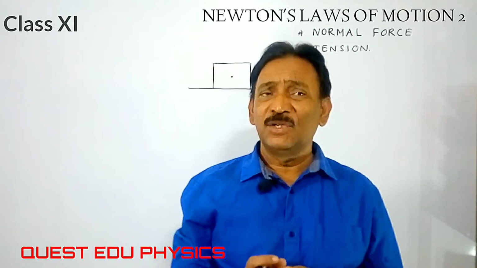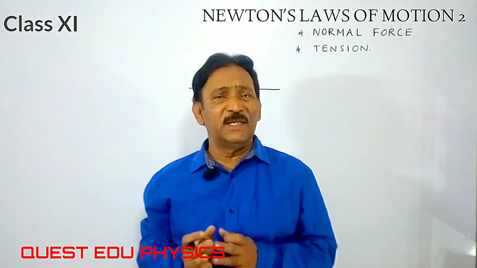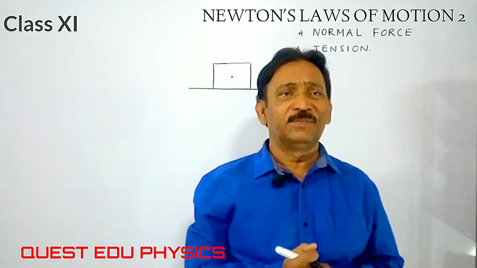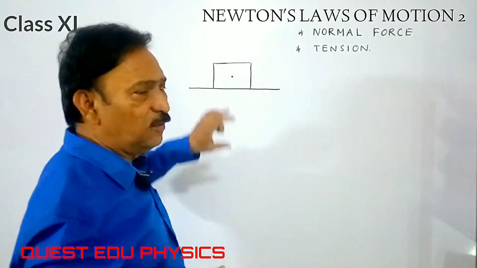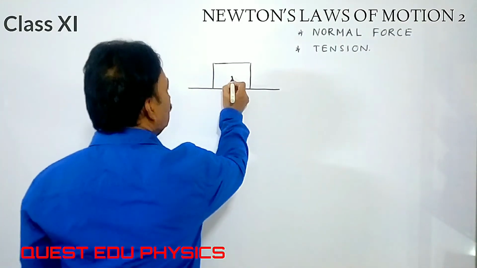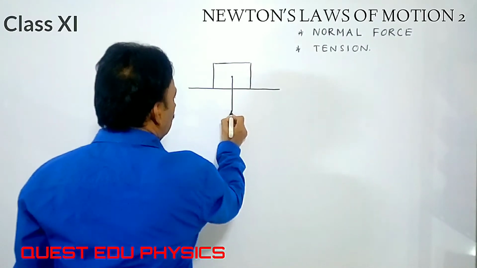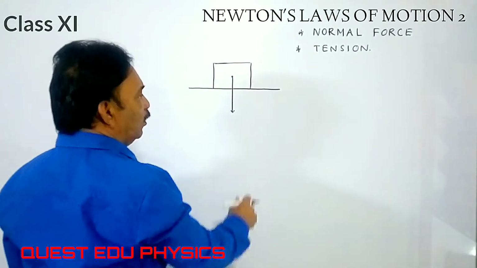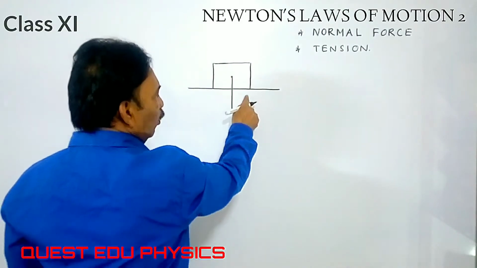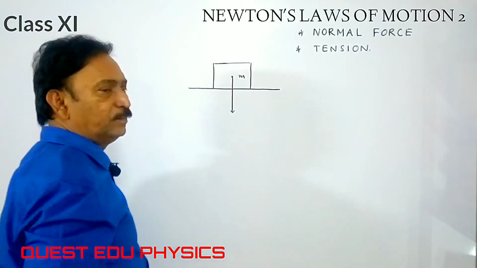Here this body is kept over a surface, so it causes a force on the surface. This is the force caused by this body over this surface. Let it have a mass of m.